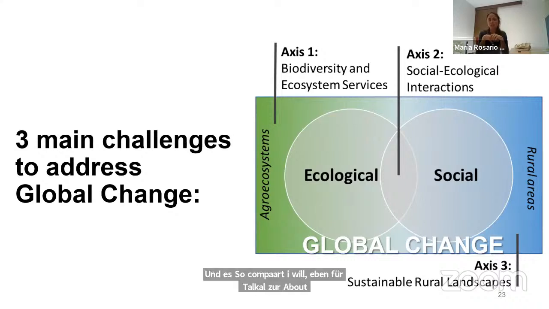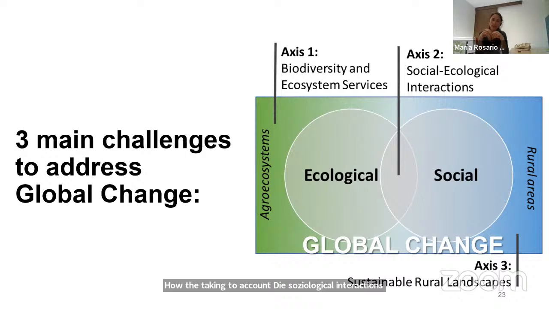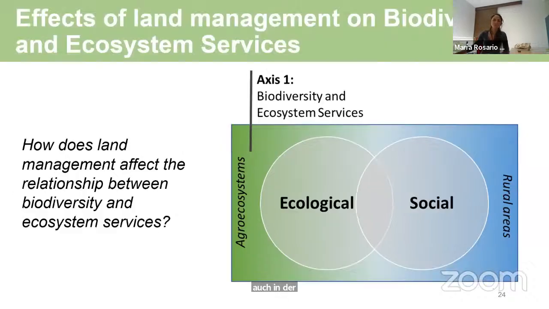In the third part, I will take a more social perspective, and instead of agroecosystems, I will think of rural areas, and from a social perspective, how these landscapes are understood, and how we can promote a more sustainable management of rural landscapes.